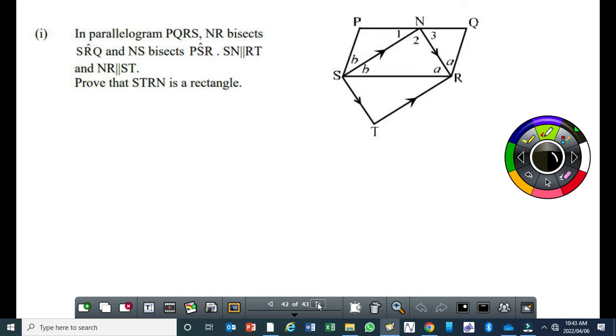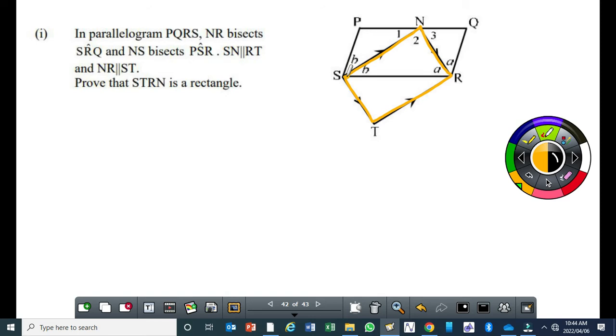Then the question says, prove that STRN is a rectangle. So allow me just to highlight the quadrilateral that we are supposed to prove is a rectangle. But the first thing, remember I told you earlier that if you want to prove that a quadrilateral is a rectangle, first you might need to prove that it's a parallelogram.